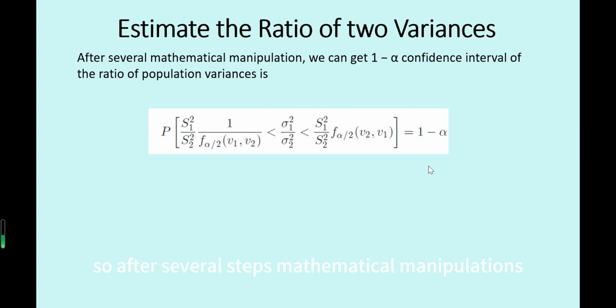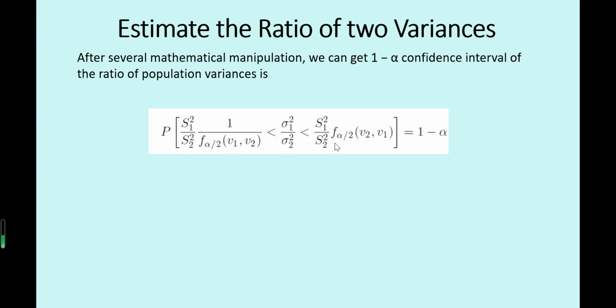After several steps of mathematical manipulation, we can get the 1 minus alpha confidence interval of the population variance ratio, sigma 1 square divided by sigma 2 square.